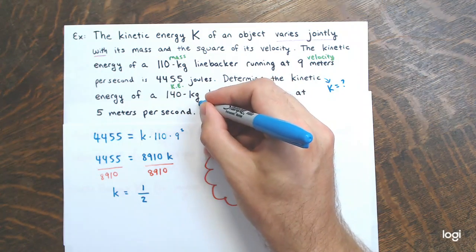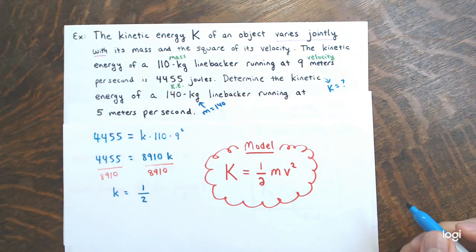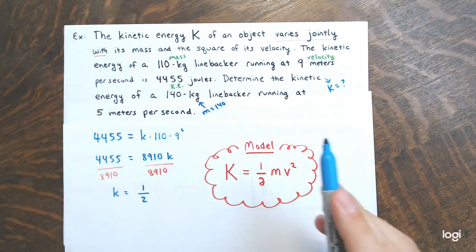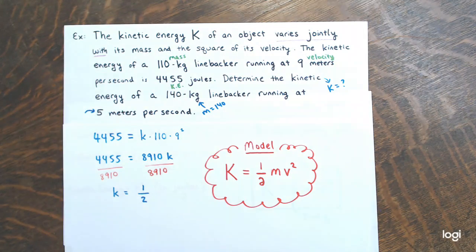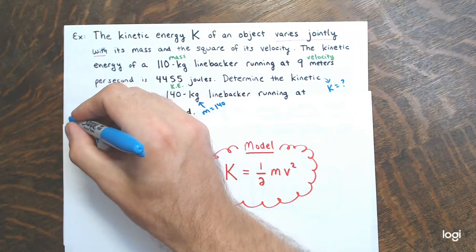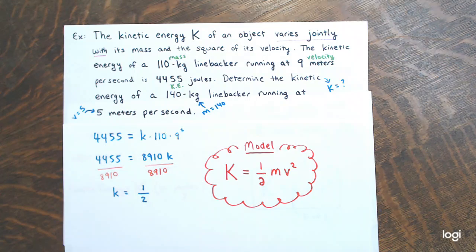So this is telling me that the mass is 140. They're giving me a value of m, running at 5 meters per second. So that's a velocity, and it's got the same units as my other velocity. And so they're telling me that the value of v is 5. So I go to my equation here, and they've given me a value of m and a value of v, a mass and a velocity.